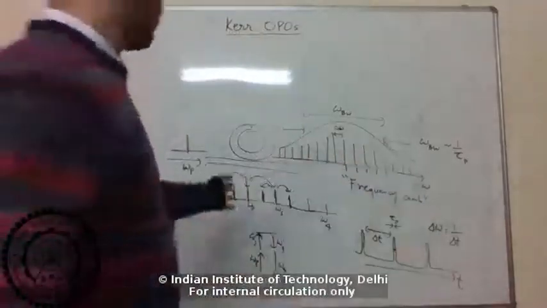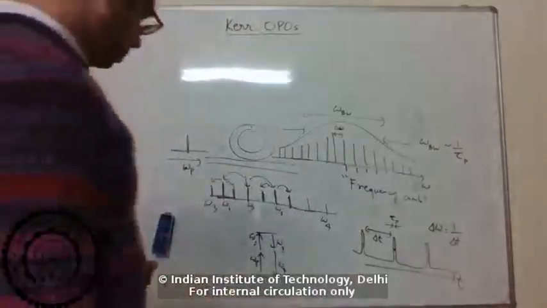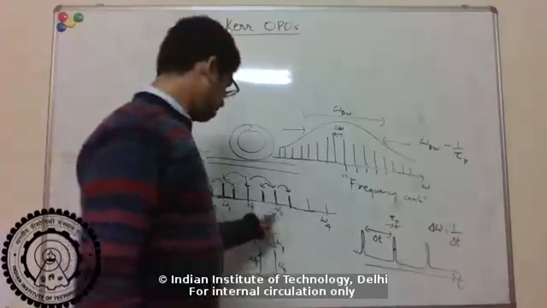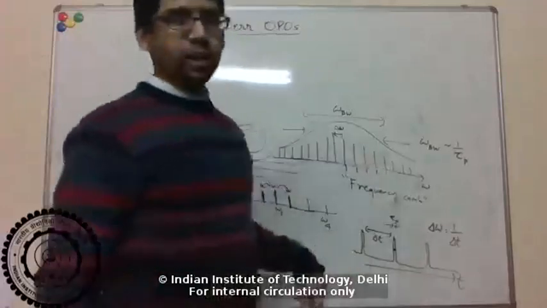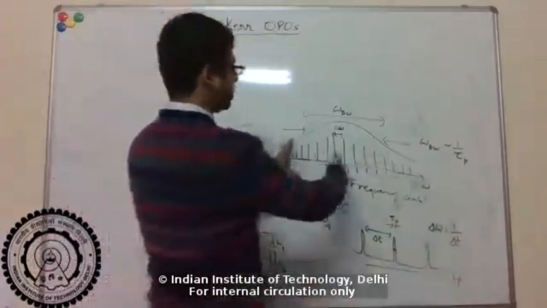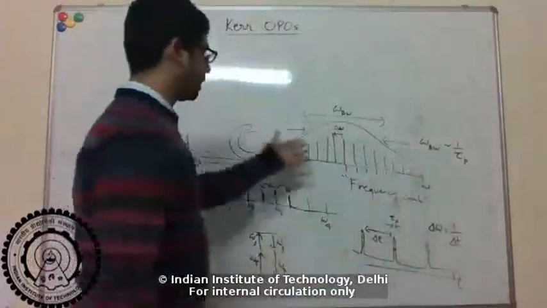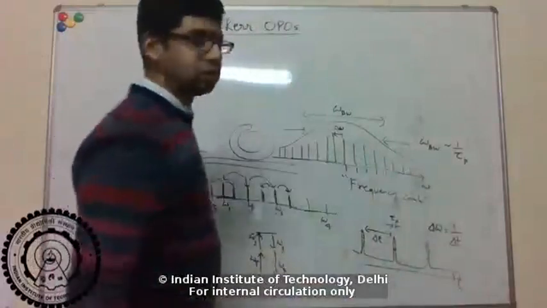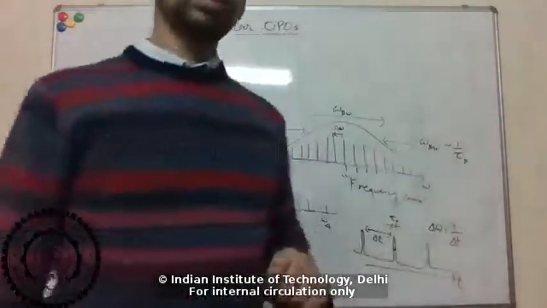But yeah, you don't convert like 100% of the pump. Okay. So yeah, you can get like 10-20%. But once you get this cascaded process going, then the total power in this comb can be a big, almost like maybe more than 50% of your pump power is now distributed across this comb.